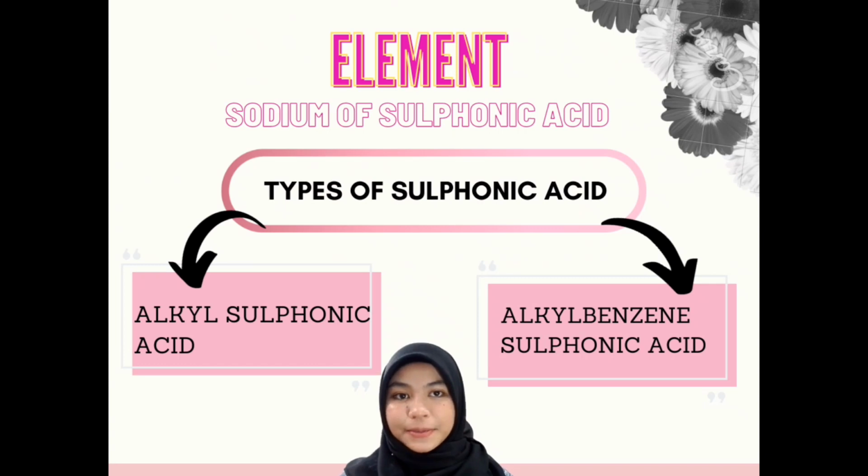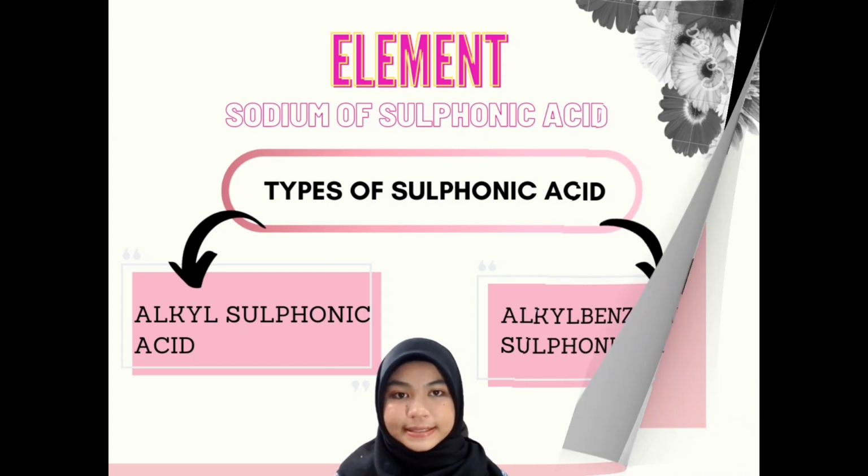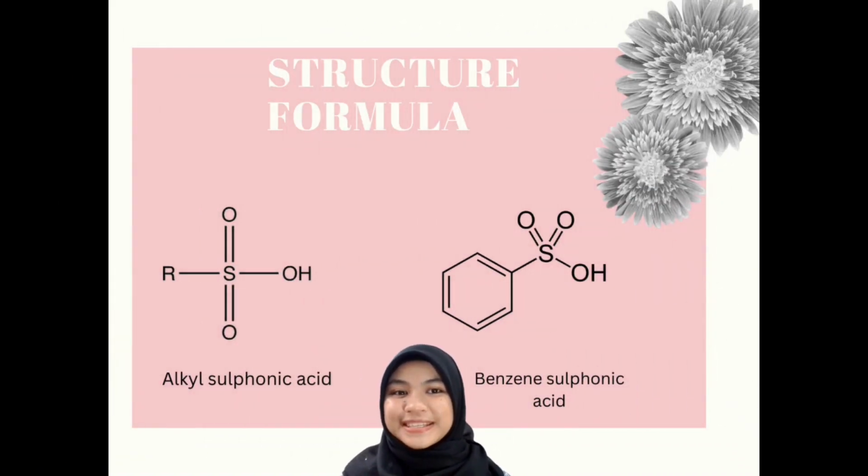So, the element that we use in detergent is sodium of sulfonic acid. There are two types of sulfonic acid, which are alkyl sulfonic acid and alkylbenzyl sulfonic acid. So, this is an example of the structure formula for alkyl sulfonic acid and benzyl sulfonic acid.